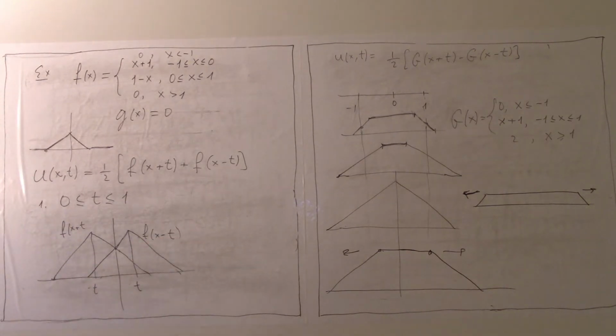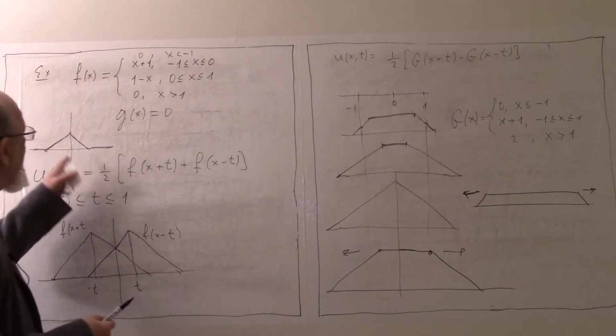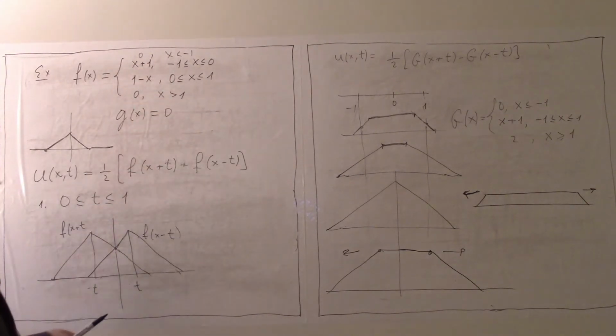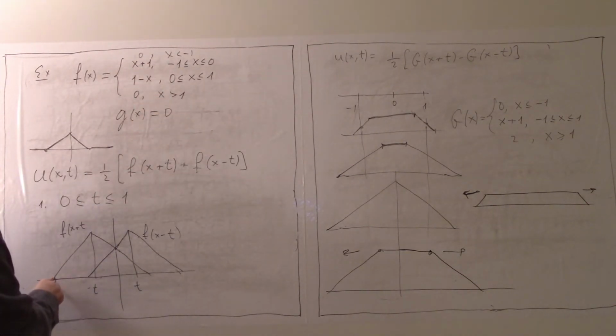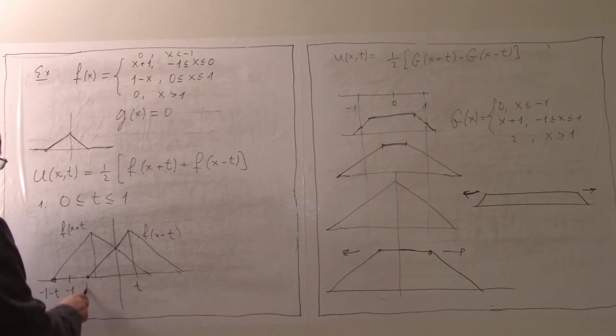So here we have to find the singular points, the points where the analytic expression of the function changes. Here we have this point, it is minus 1 minus t. Here we have minus 1, but it is not a singular point. This point is minus 1 plus t. This point here, this changes.